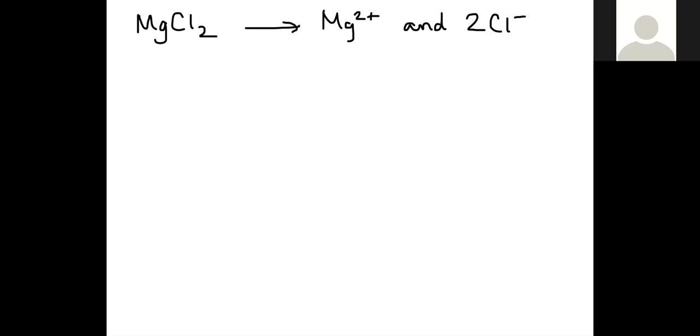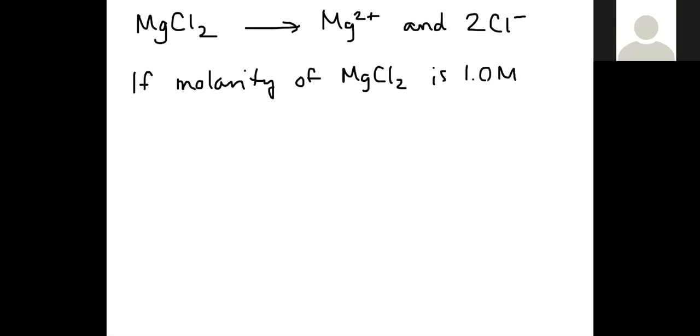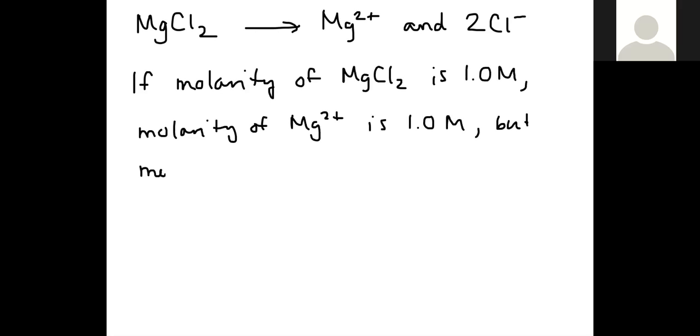So for example, if the molarity of MgCl2 is 1.0 molar, the molarity of Mg2+ is also 1.0 molar because it's 1 to 1, but the molarity of Cl- is 2.0 molar.